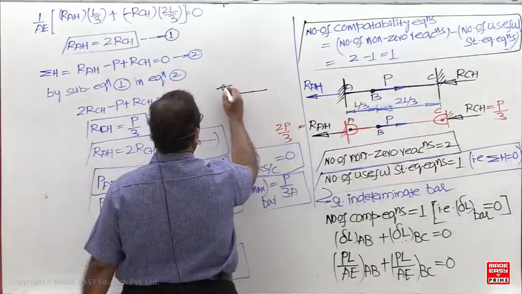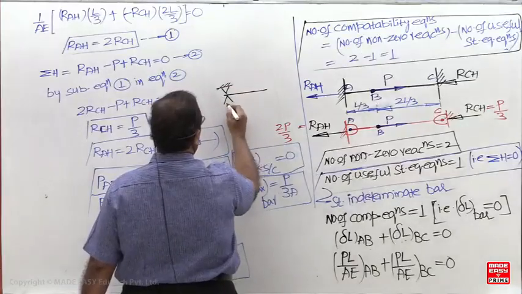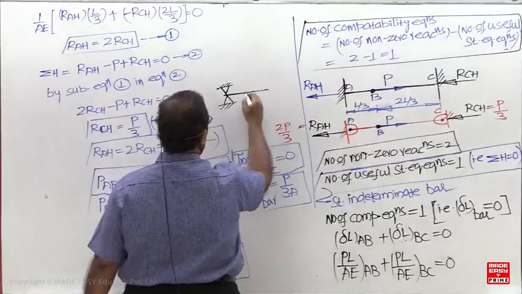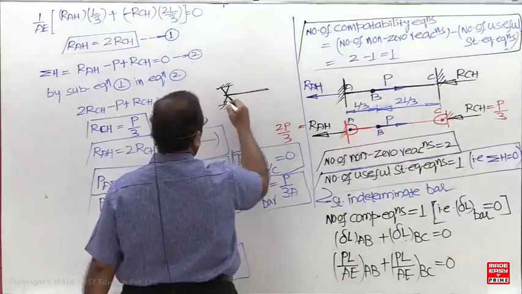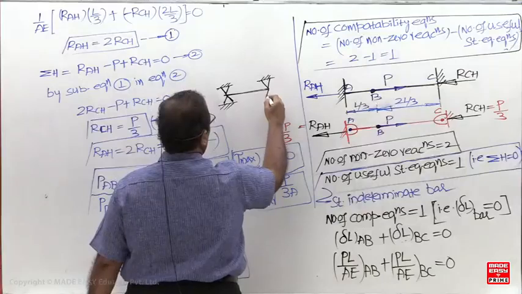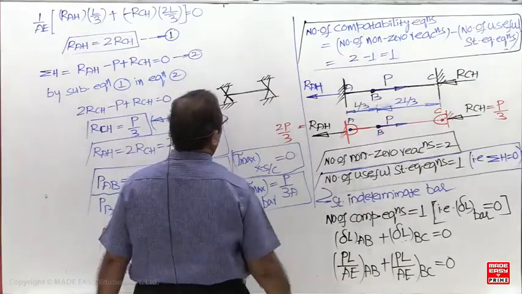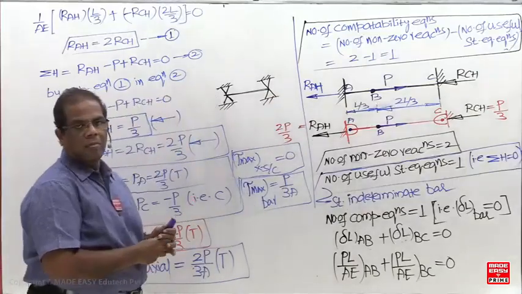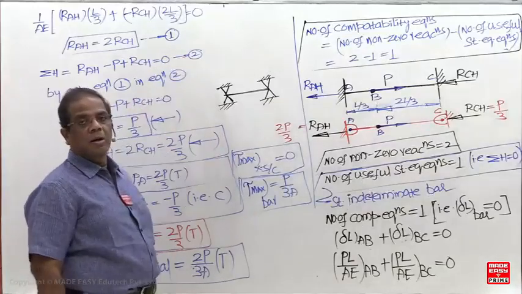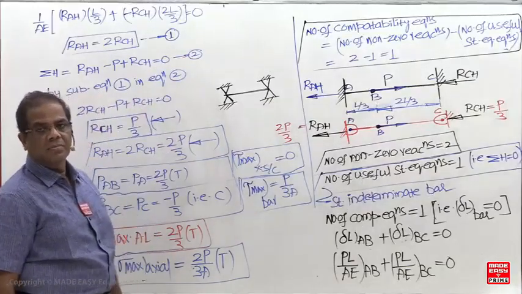Like this, you are going to do it. So in this case, vertical motion is restricted in both directions.